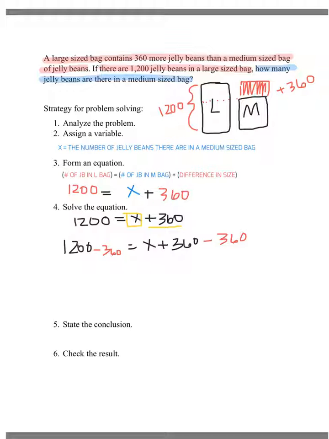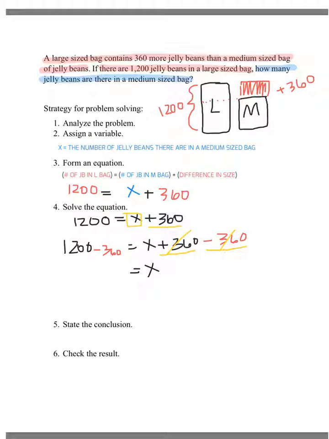How does that help us? Well, we have a plus 360 and a minus 360, so they cancel each other out. Therefore, on the right-hand side, we're left with just x. And on the left-hand side, we have to simplify 1,200 minus 360.